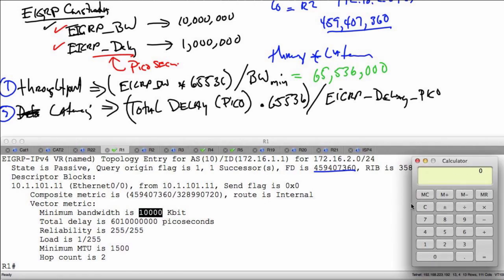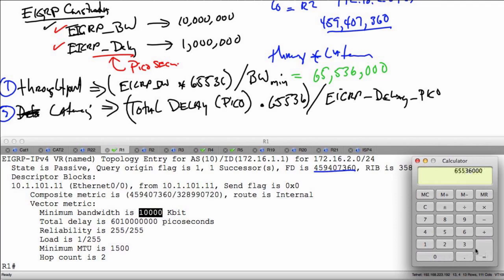I don't want to get all the way to the end of this and realize I made a mistake. So I'm going to take my EIGRP_bandwidth value of 10 million, multiply it by 65536, then divide it by my minimum bandwidth, which is 10,000.